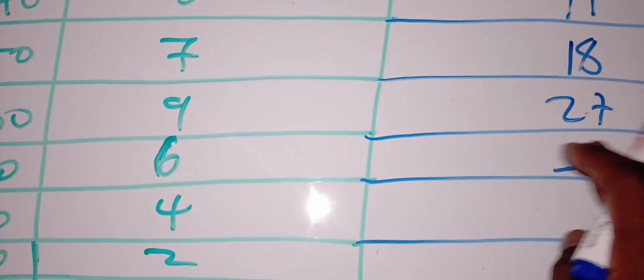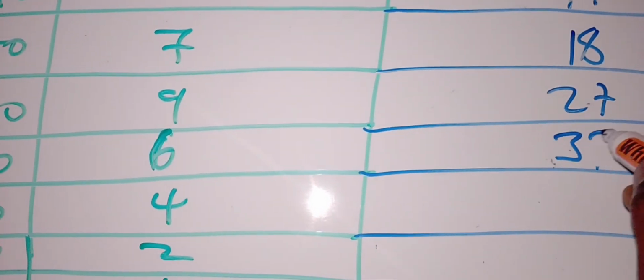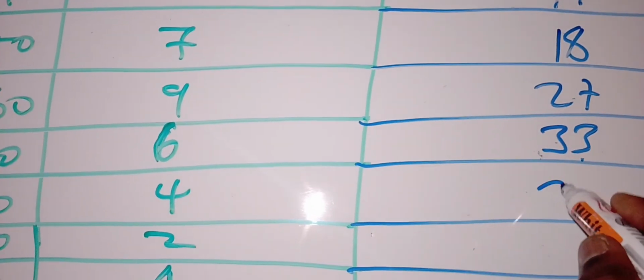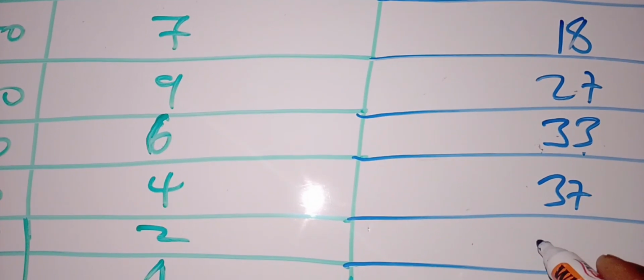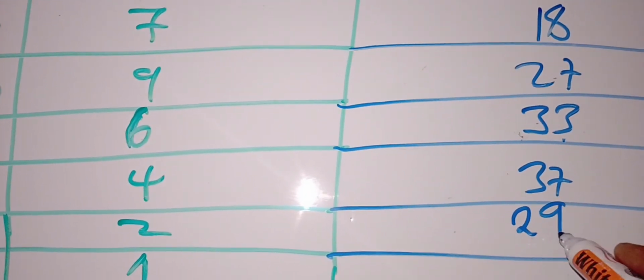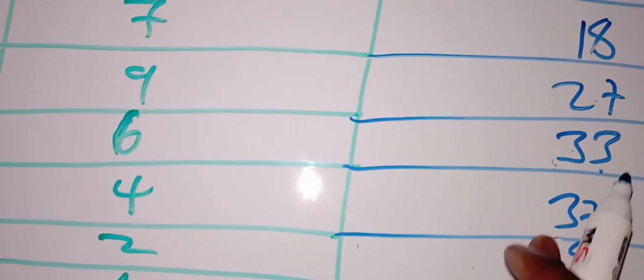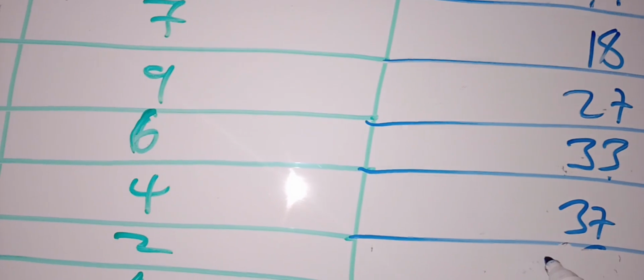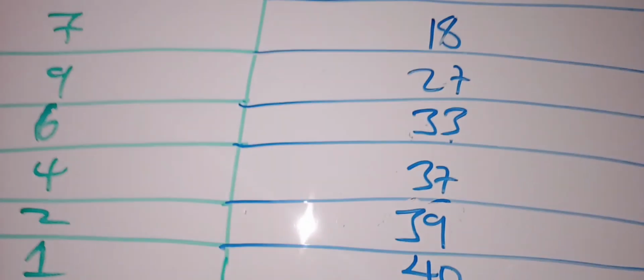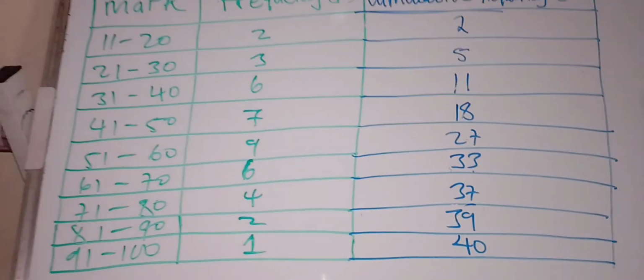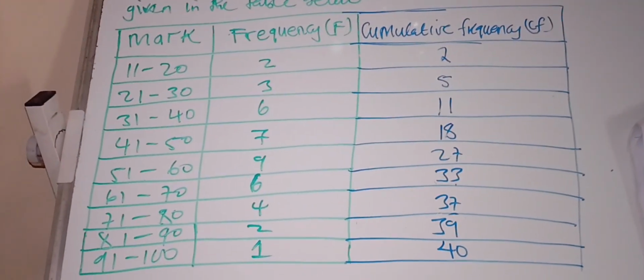Oh sorry, that is the 3. And then that is 37, and that is 39. And then this is 40. Remember, it is out of 40 pupils.